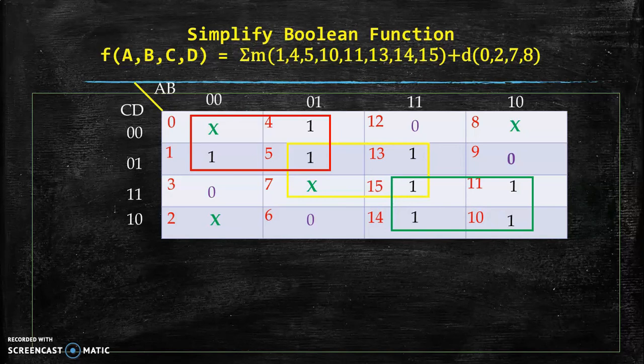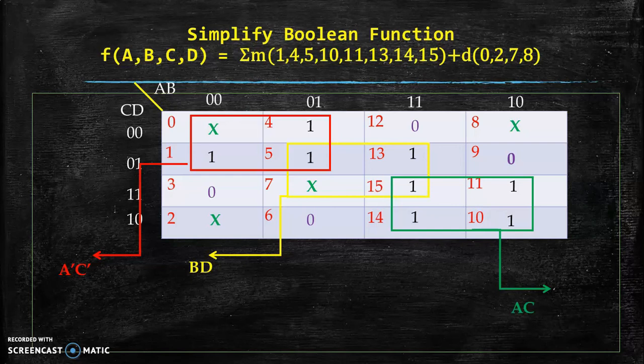Now after preparing groups, we have to write product terms for each group. For this quad, we can write A bar C bar. For this quad, we can write BD. In a quad, we can easily eliminate 2 variables out of 4. And for the last quad, we can write the product term as AC.